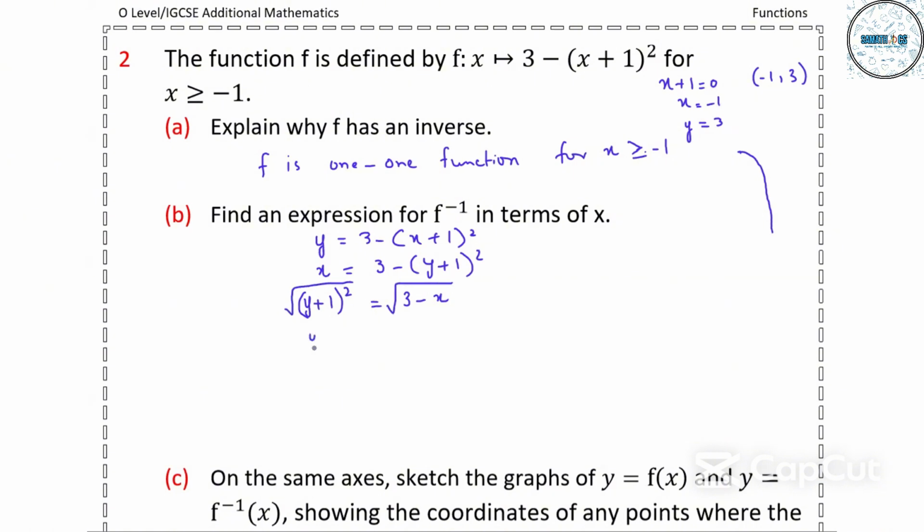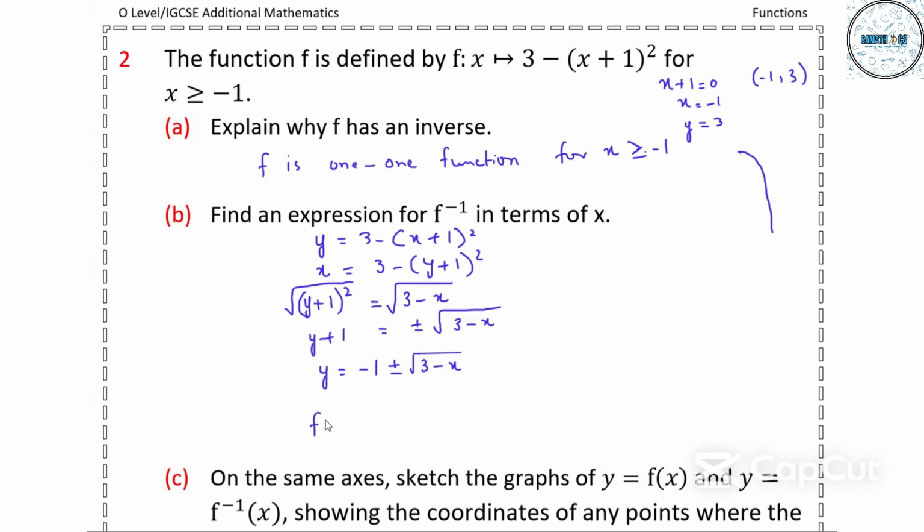So this will become y plus 1 is equal to plus minus under root 3 minus x. Now we'll take this 1 on the other side, so it will become minus 1 plus minus under root 3 minus x.